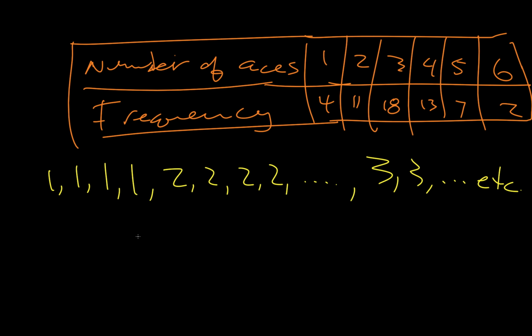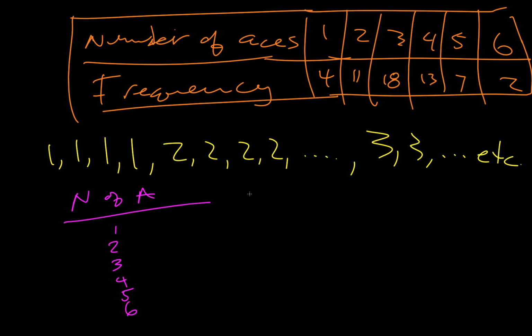So first thing we're going to do is we're actually going to write it out a little bit different. So number of aces. So we're just going to say 1, 2, 3, 4, 5, 6. And then we're going to write out the frequency.